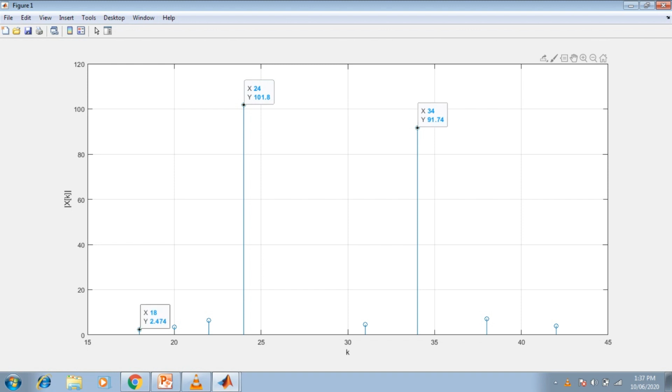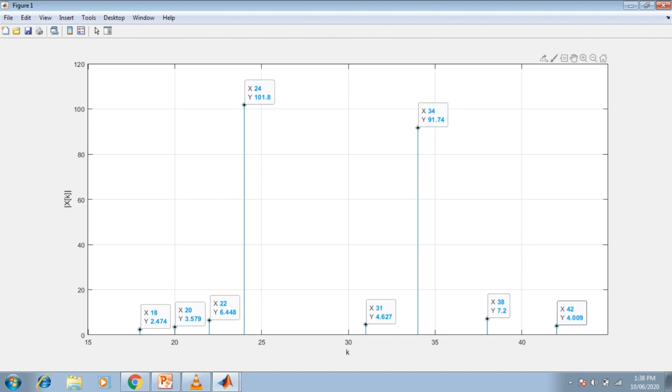The rest of the components hold very negligible amplitude. At the 18th we have 2.474, at the 20th we have 3.579, at the 22nd we have 6.448, at the 31st component we have 4.627, next to that at the 30th component we have the amplitude 7.2, and lastly at the 42nd we have the amplitude 4.009.